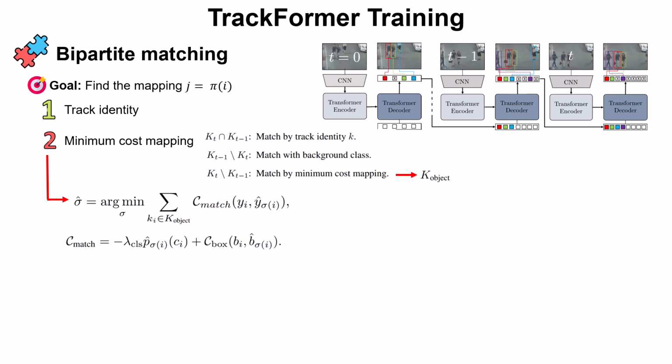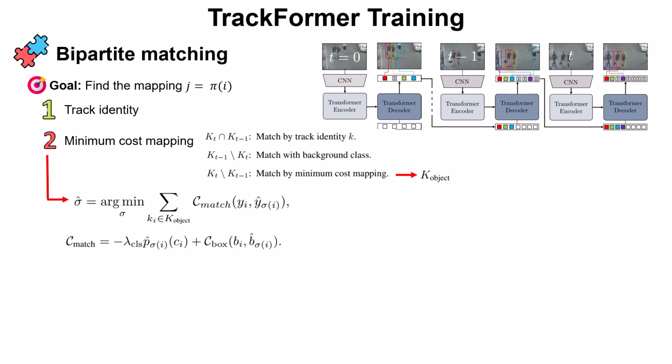And this p hat is the probability distribution that one of the tokens is predicting. Which token? The token that comes from the output of this sigma(i). So sigma(i) receives the index i of the ground truth and predicts an index j. And that index j should be one of these 4 tokens in our output.